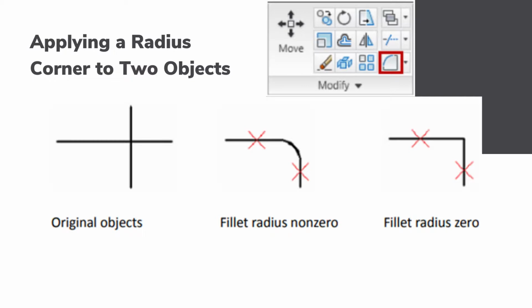So meaning, yung sa ating second figure, gumamit tayo dito ng non-zero value para sa fillet. Kaya siya nagkaroon ng pa-curve na corner. And then yung sa third image natin, 0 yung ginamit natin na value. So therefore, parang wala lang din nangyari. Okay, so still na sharp corner pa rin yung na-create.